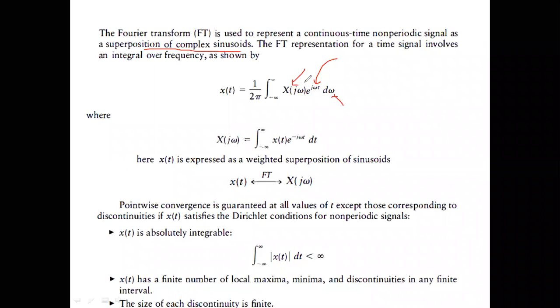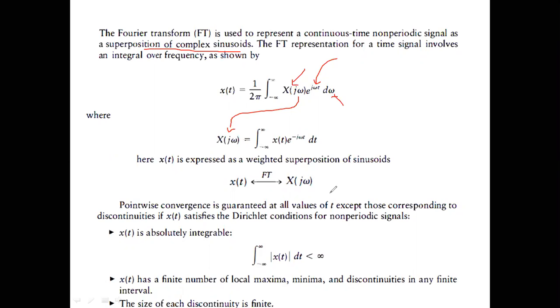Where this X of j omega, the Fourier transform coefficient, lets you know exactly the contribution of each frequency. Isn't it interesting? That is where X of j omega gives you the information about the contribution of individual frequencies.